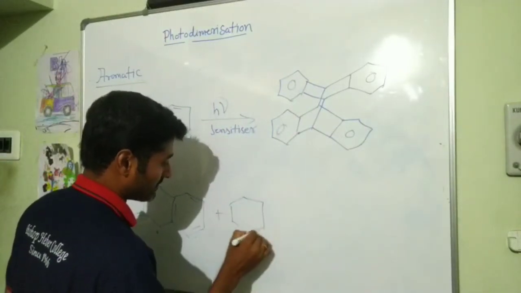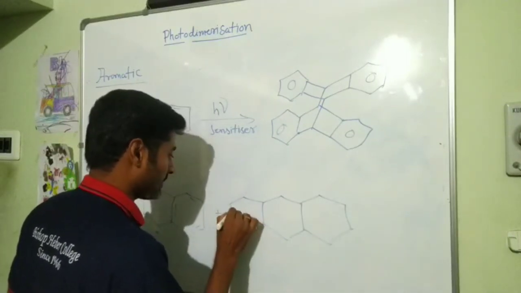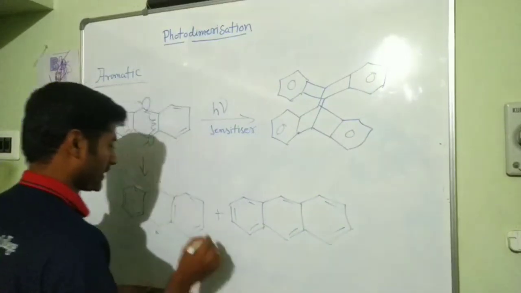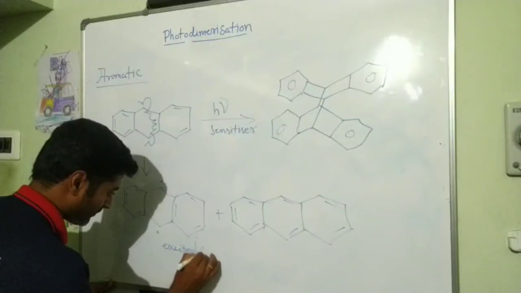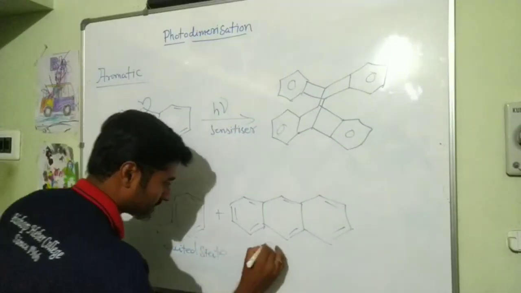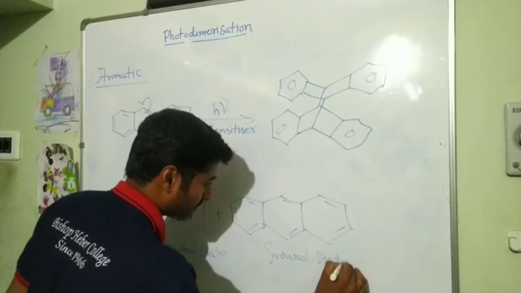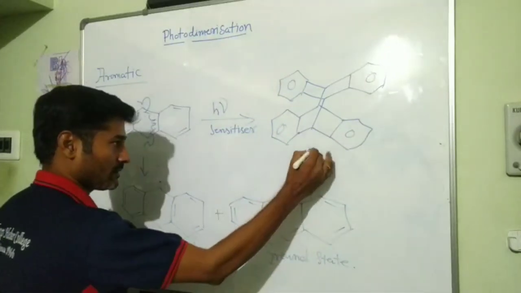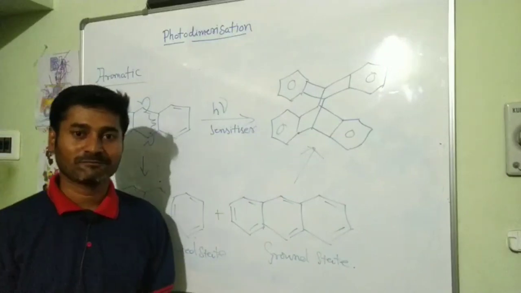So this is excited state molecule, and this is ground state molecule. This can interact, and you'll get this product. Okay, thank you.